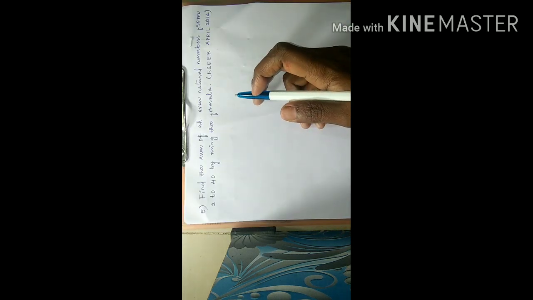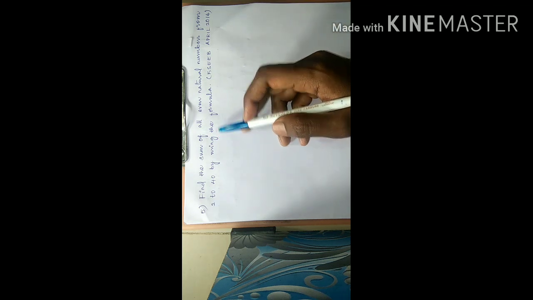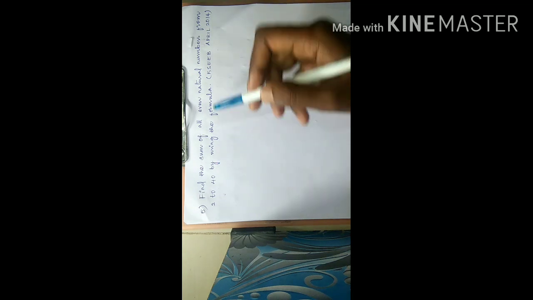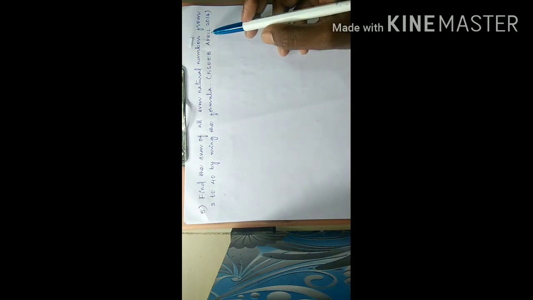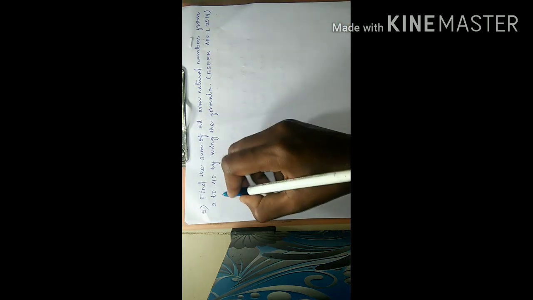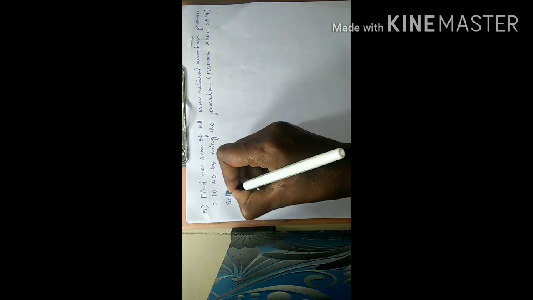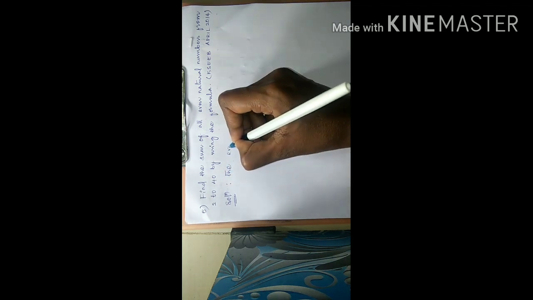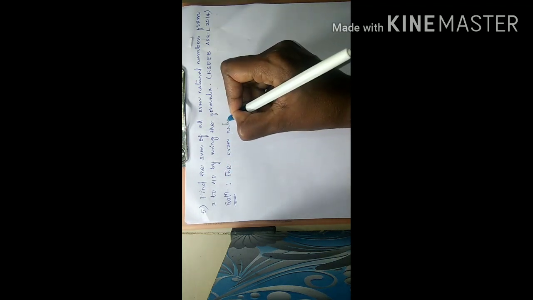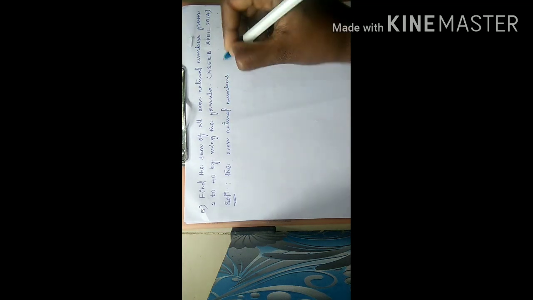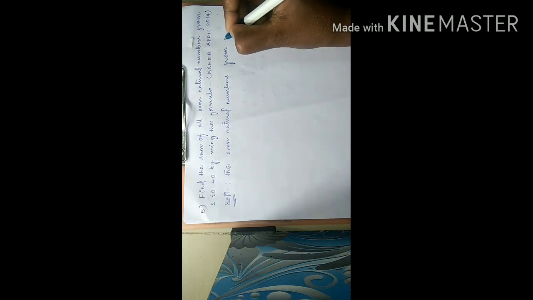Now example number 5. Find the sum of all even natural numbers from 2 to 40 by using the formula. So this question came in April 2014. So let the even natural numbers be from 2 to 40.